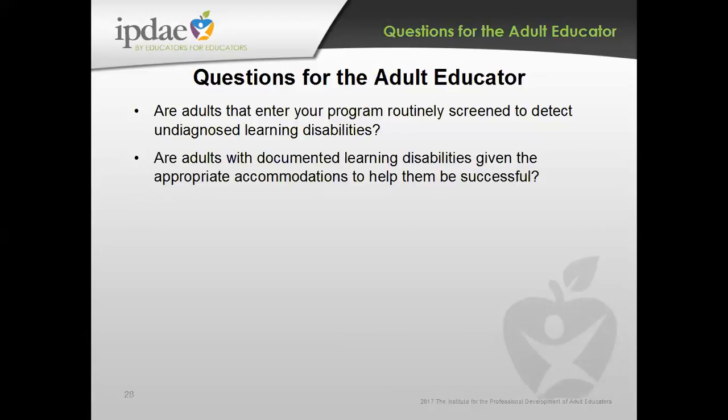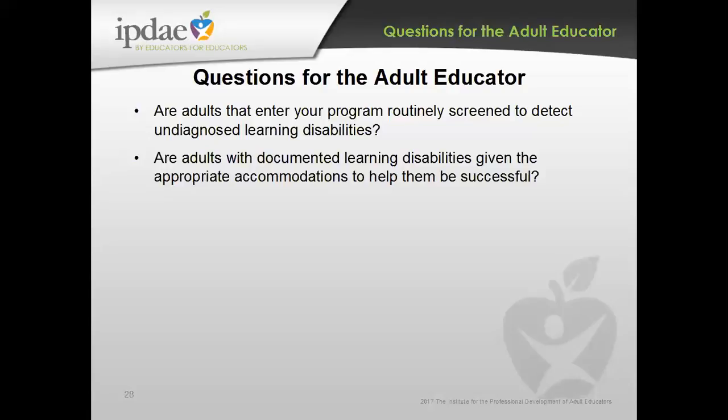The second point, are adults with documented learning disabilities given the appropriate accommodations to help them be successful? Well, the answer to that question must be yes, because the law says that we have to do that. But most of us don't get to the point where we even know that we have students in our room who have documented learning disabilities because they've never told us.